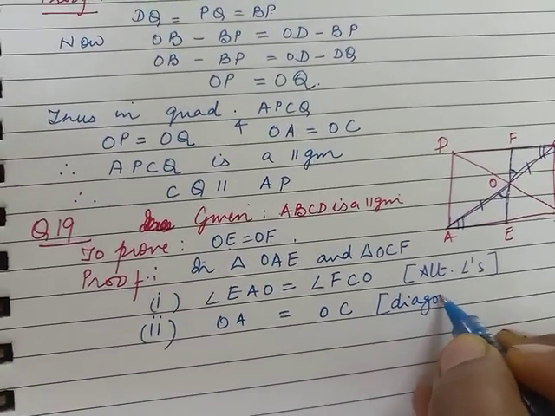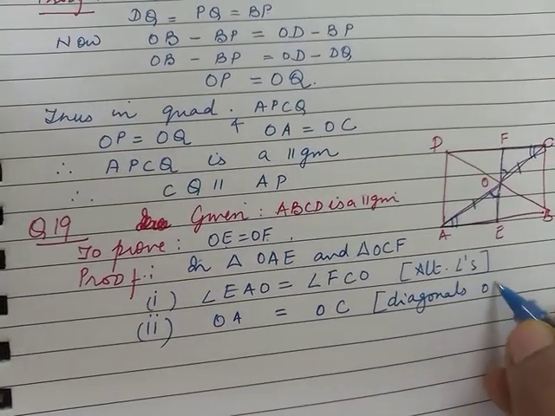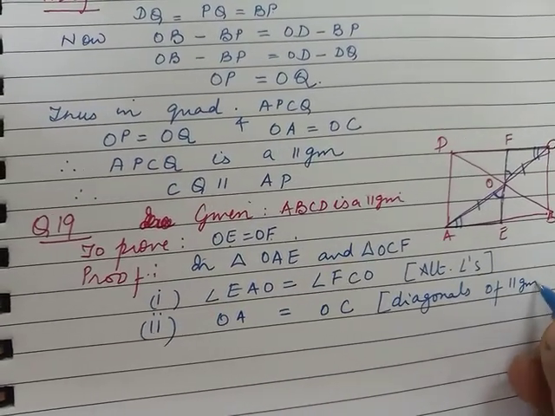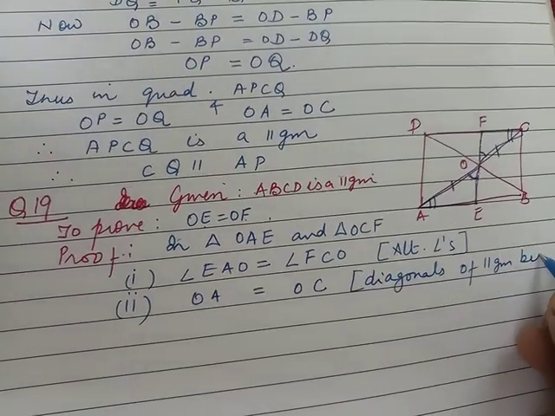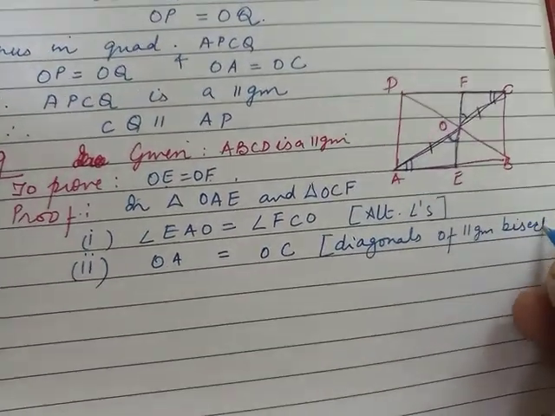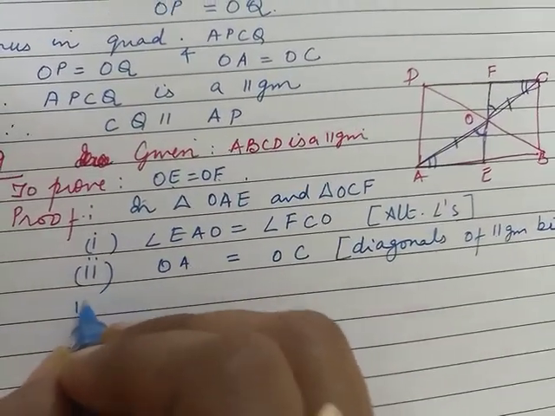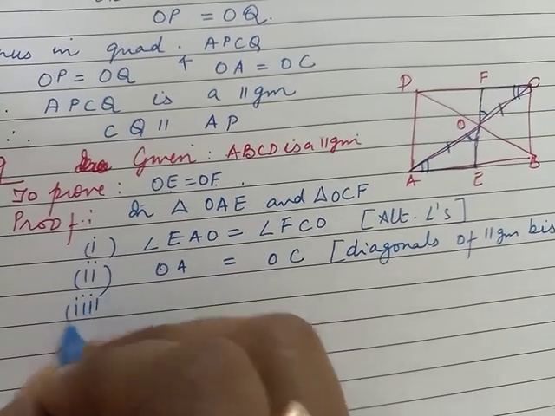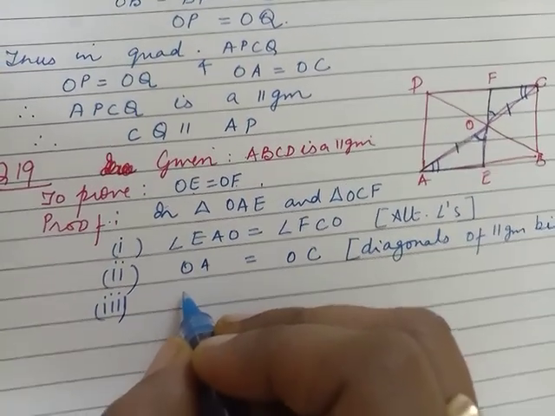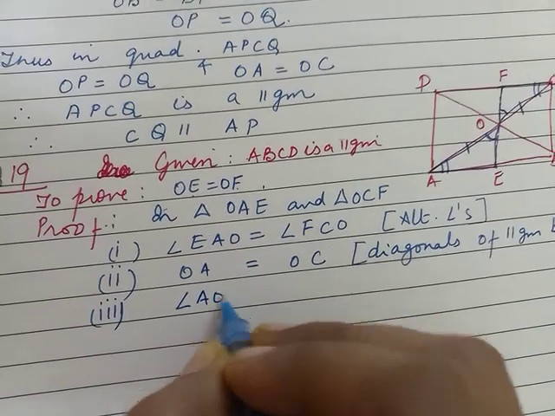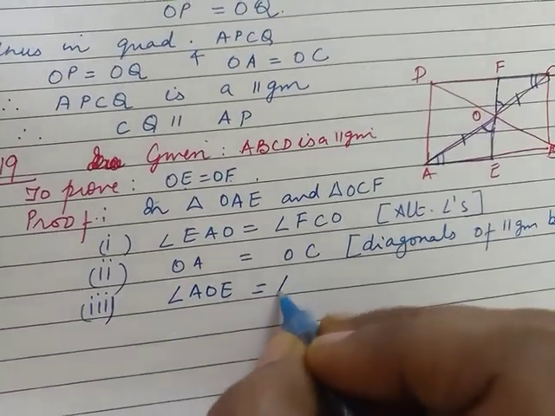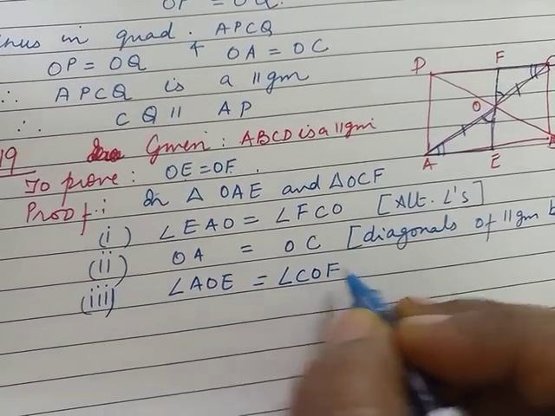Reason, diagonals of a parallelogram bisect. Third condition is angle AOE is equal to angle COF.